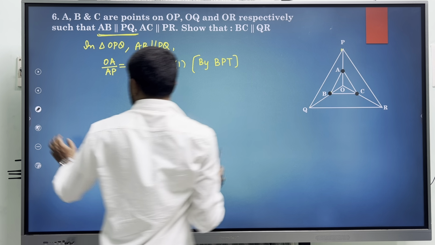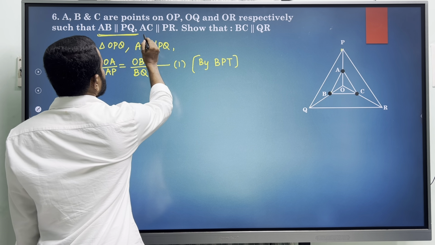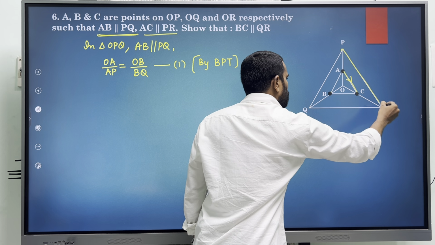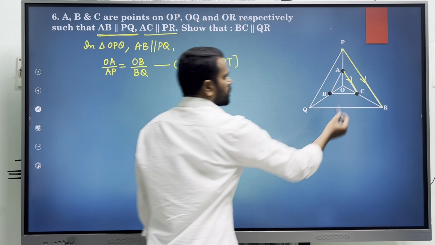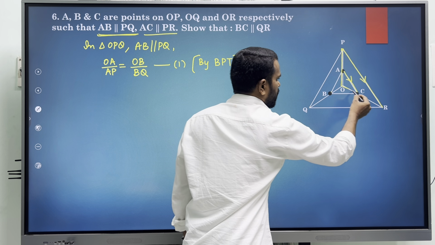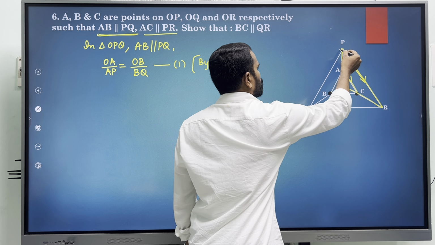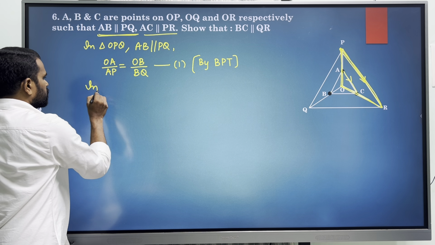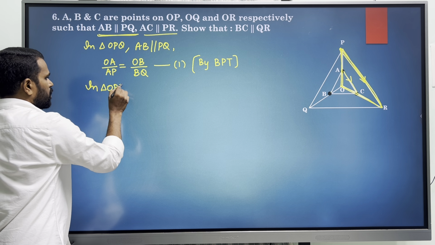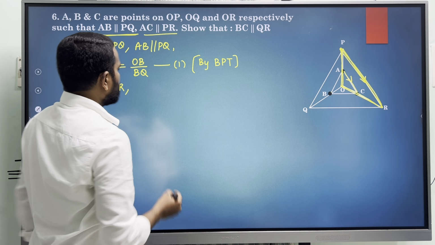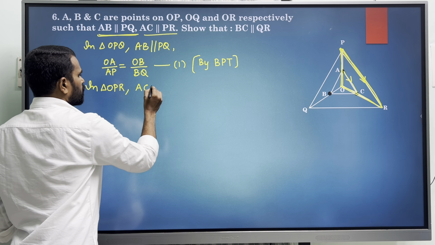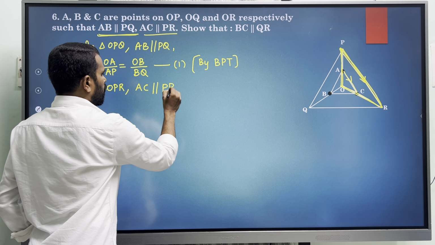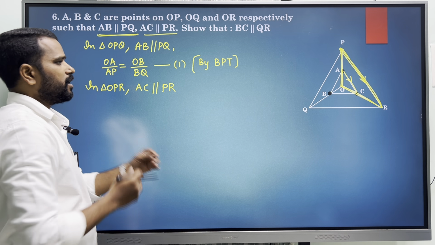Next part of the question: AC is parallel to PR. We can get this from triangle OPR. In triangle OPR, AC is parallel to PR.